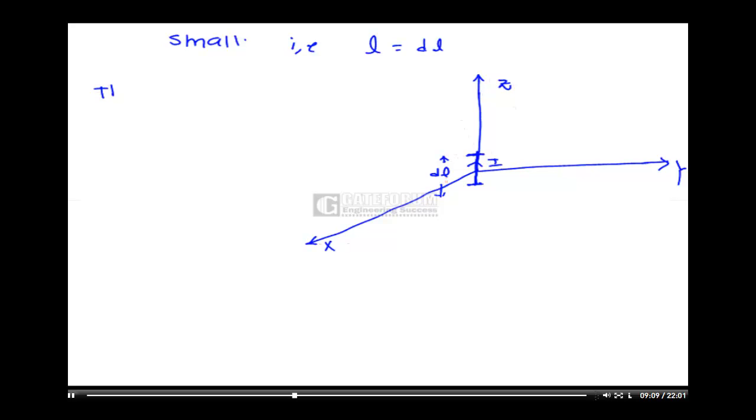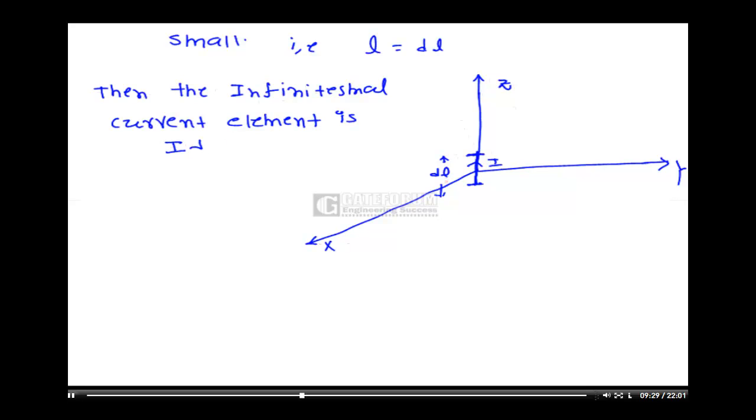Then the infinitesimal current element is ideal: current multiplied by the length is the infinitesimal current element.